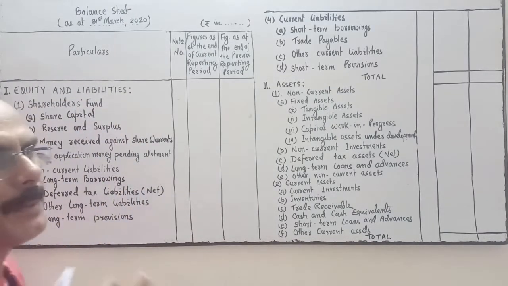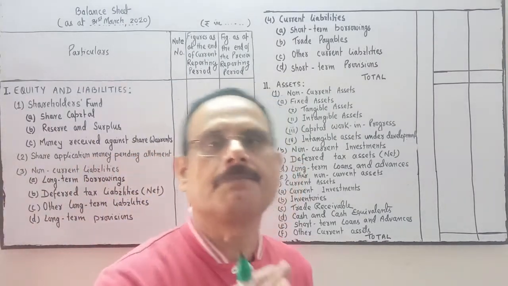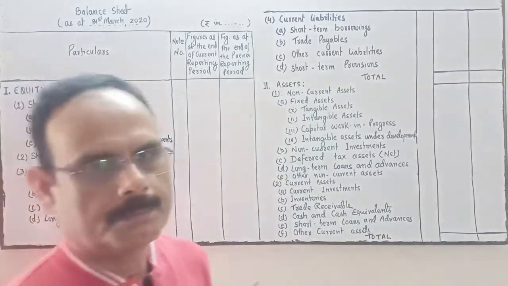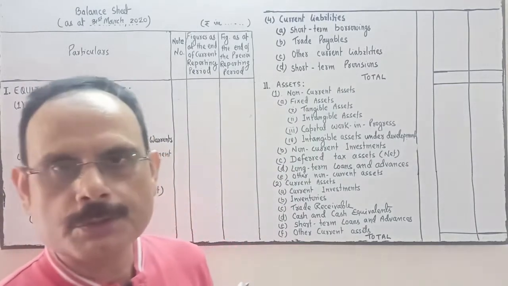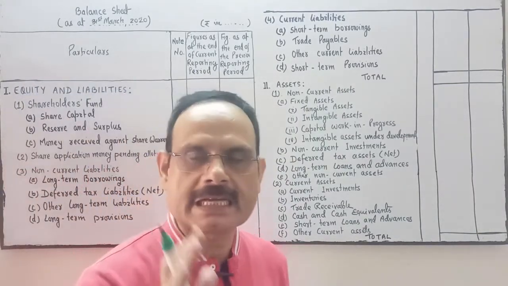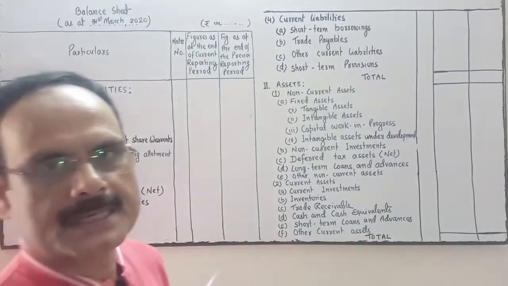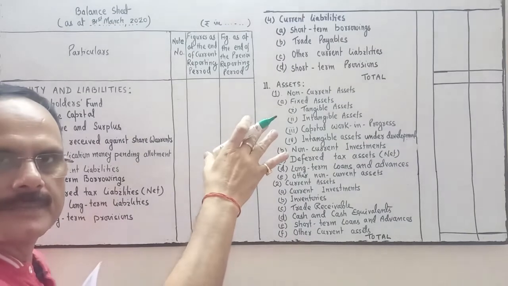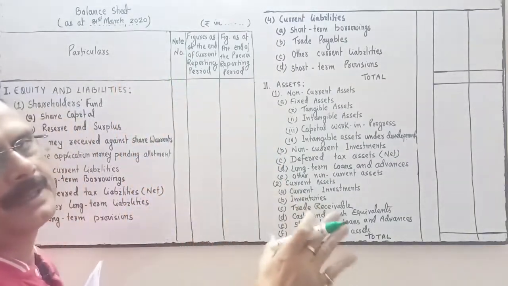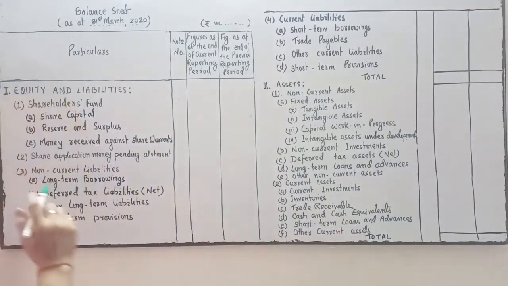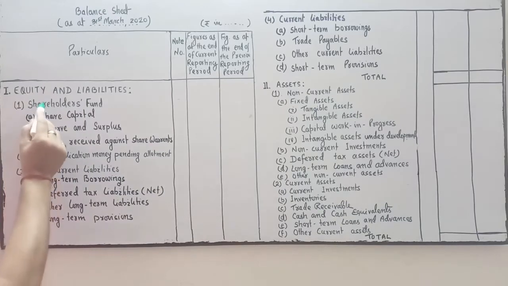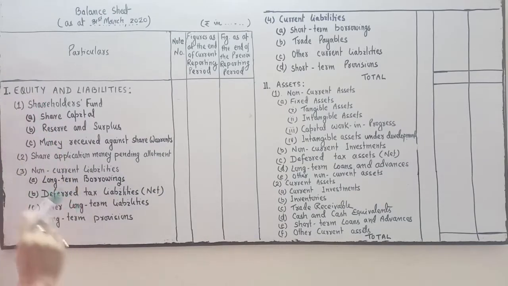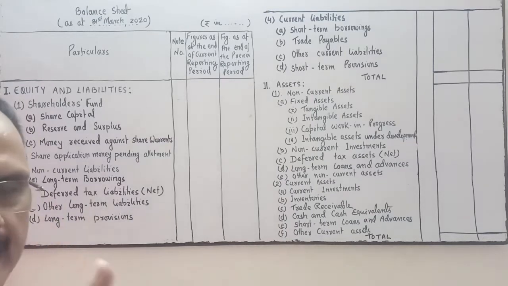So company prepare the balance sheet in a vertical form, Part 1 of Schedule 3 in a prescribed format. You can't change this place. This is in a prescribed format. So you can't change that this will be at the top and this will be at the bottom. No. This will be at their own place. It's in a prescribed format.